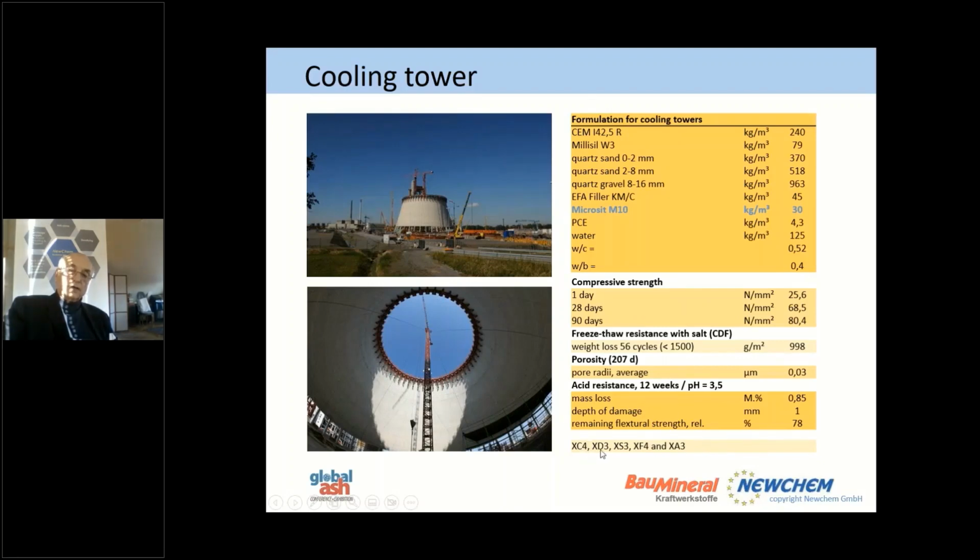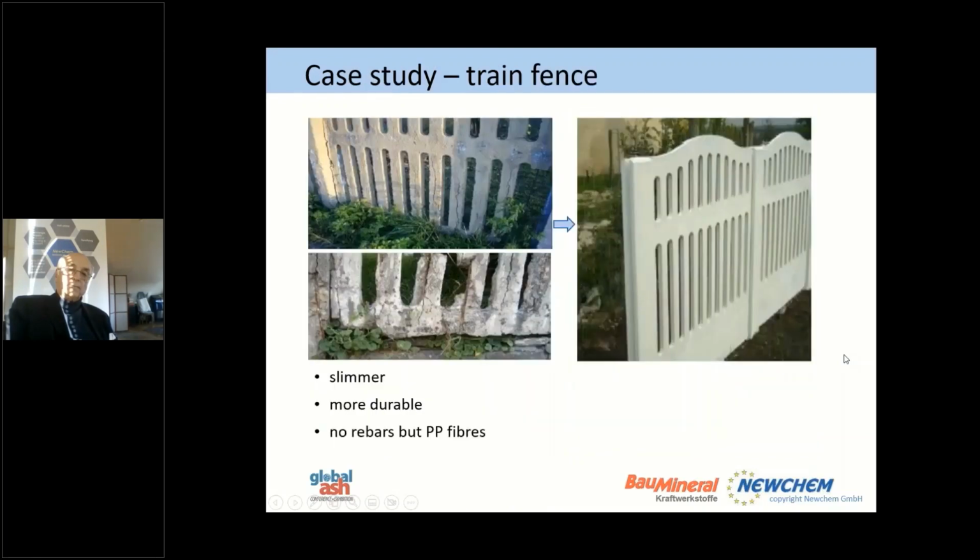Here you have the classification of the concrete, which is extremely high in resistance against de-icing salts, etc., chemicals. One easy application was for the Hungarian railways, where they have a sort of a concrete fence so that the people won't run over the rails.